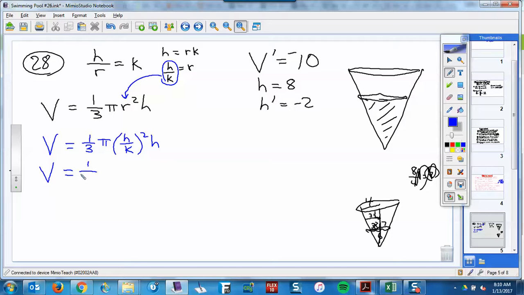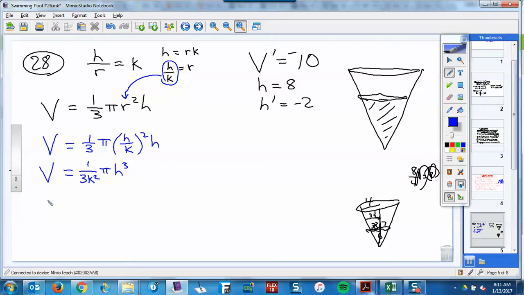So we'd have 1 over 3K squared pi H cubed, right? But that's okay now because before the R was a variable, we've replaced that with a K that's a constant. And see, then we're not going to get a K prime, for example, right?